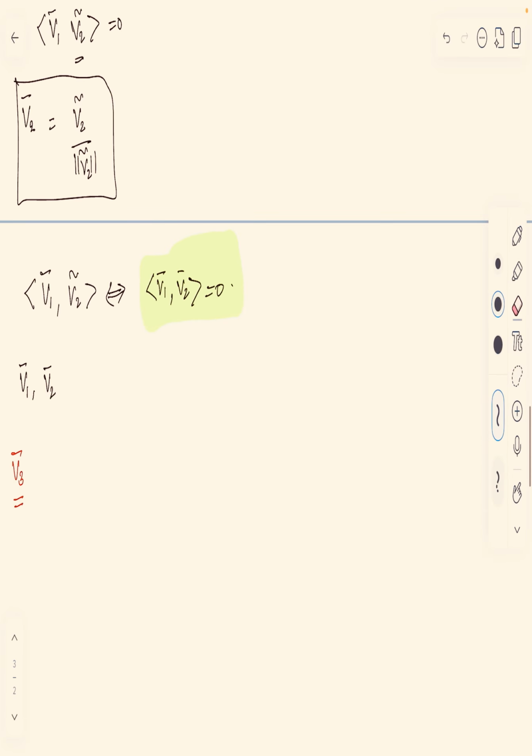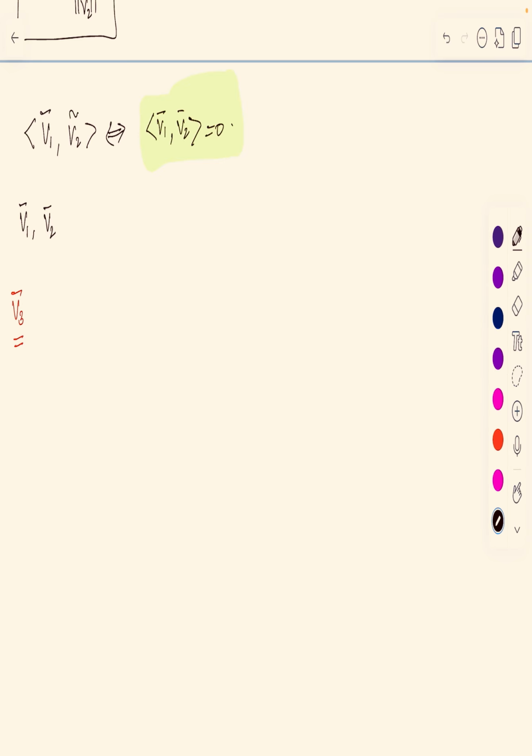The same philosophy carries forward for V3 bar. Now I am defining V3 tilde as x3 bar minus, and now I have two terms to take care of. The vector x3 bar has a dependence on x2 bar and a dependence on x1 bar. So I'll define two constants, c1 and c2, with c2 times V2 bar, and remember V2 is directly related to x2, so this part shows that we are subtracting the effect of x2 from x3 bar.